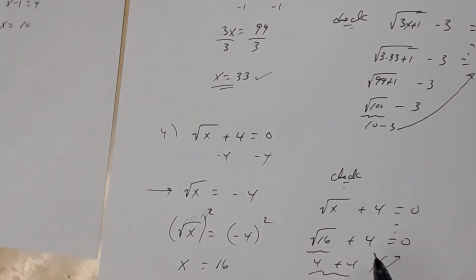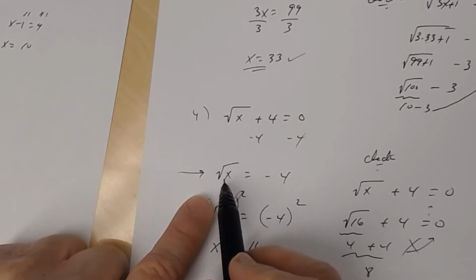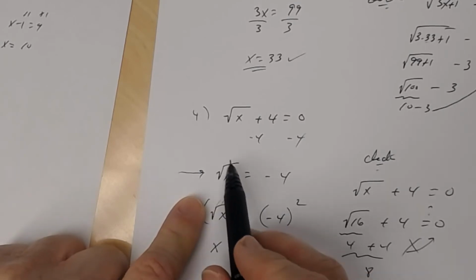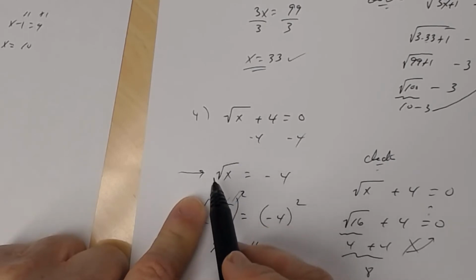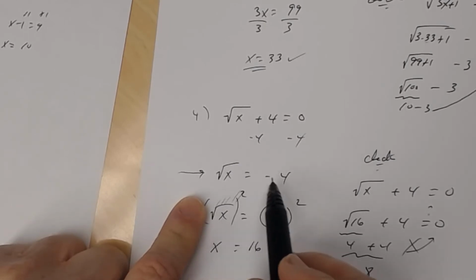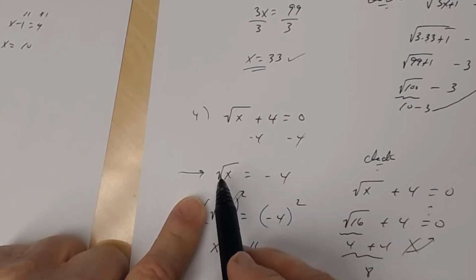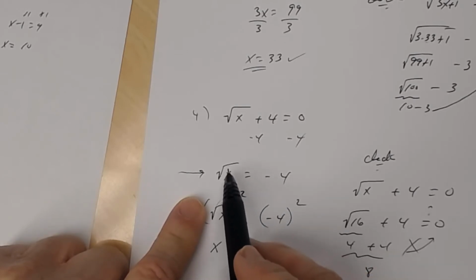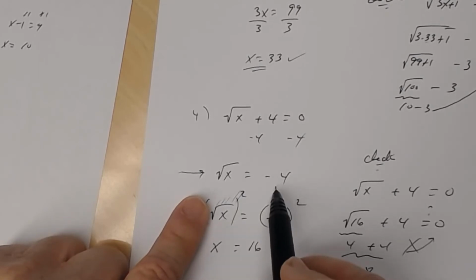So here, you have the positive square root of x is negative 4. Well, this right here has to always be positive. You're looking at the positive square root, so that has to be positive. So that's why it doesn't work. The square root of whatever positive number you put in here, or 0, is never going to be negative.